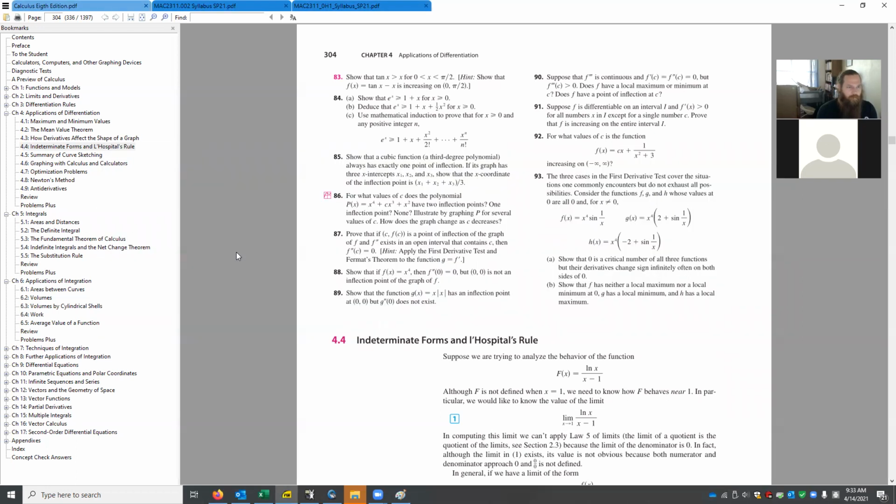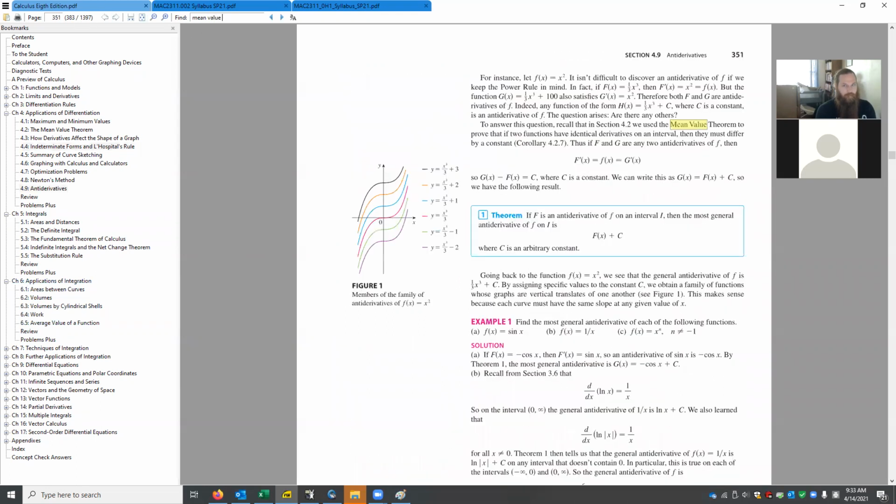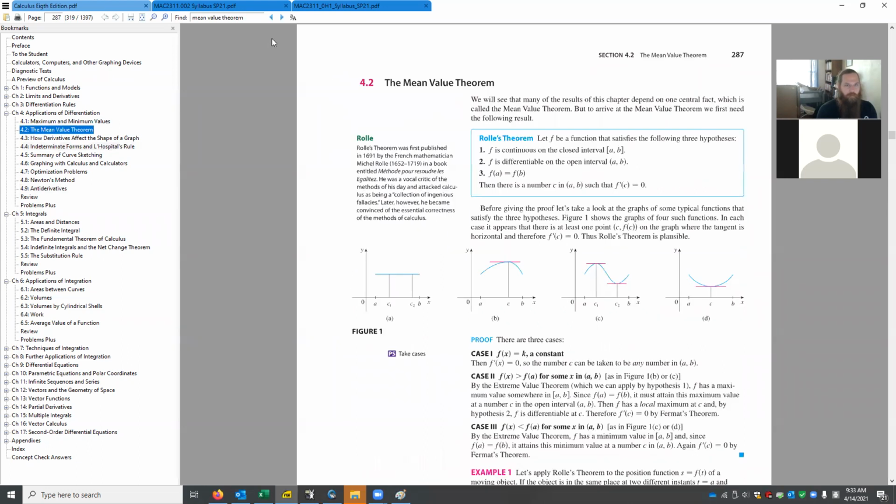Let's see now. There's also, where's that in here? One other topic I really want to discuss with you guys. We talked a little bit about the mean value theorem back in the day, but there is a second version of it. So I like to postpone the full conversation.